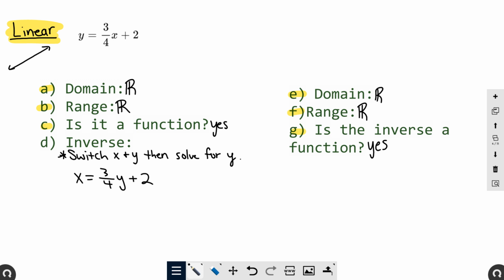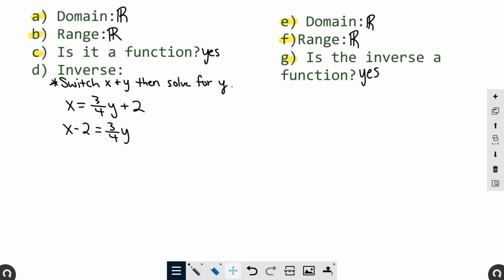Now, get y by itself. What would you do to get y by itself? Not yet. You would subtract the 2 first. So get the thing furthest away from y to begin with. So since it was to add 2 on one side, it's going to be a minus 2 on the left side. Then you could multiply by what?